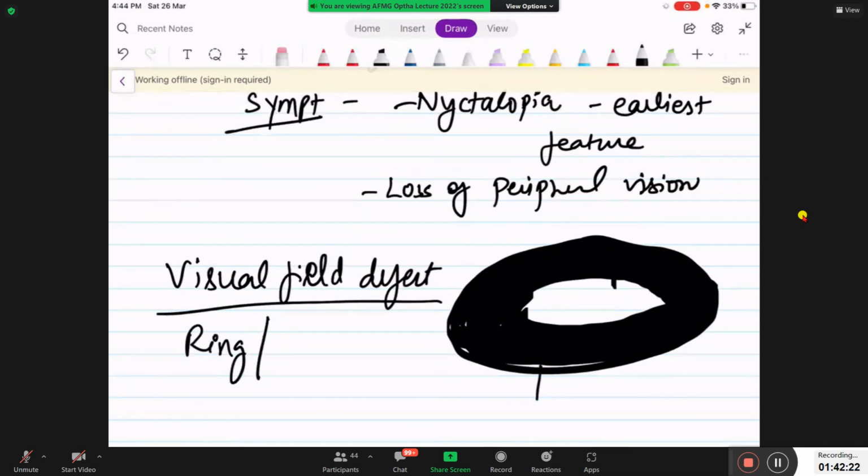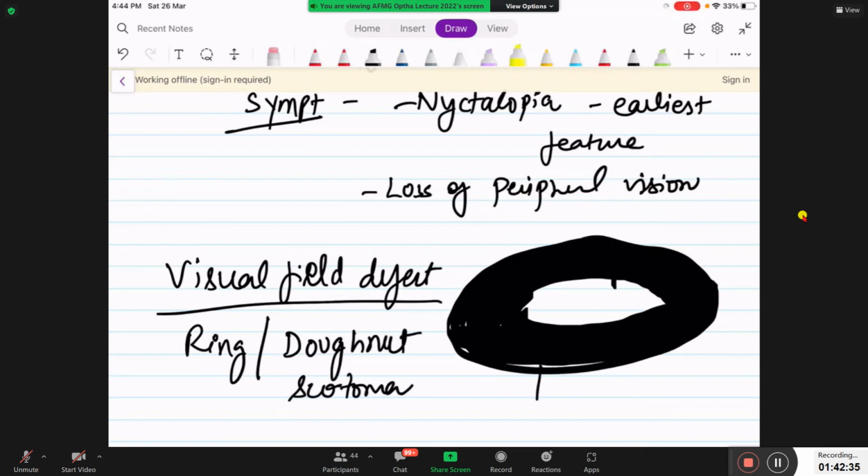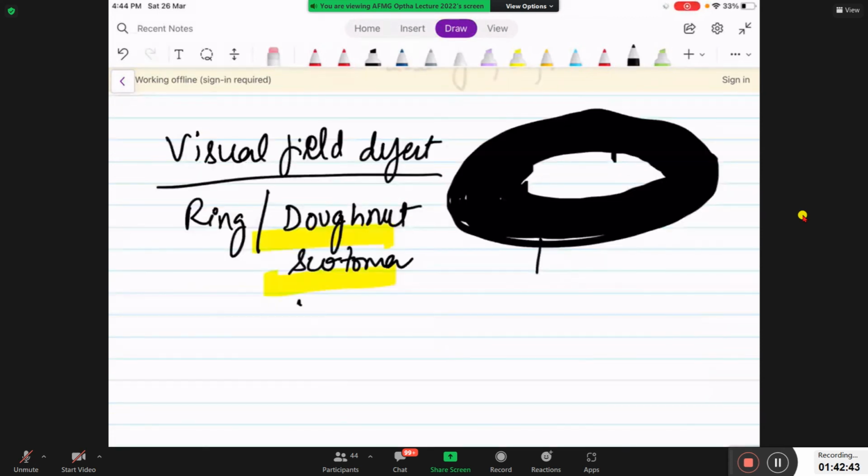Ring scotoma, also called donut scotoma, because it resembles the shape of a donut. That is why it is also called donut scotoma. Important question. Donut scotoma is seen in retinitis pigmentosa. And in this donut scotoma, only central vision remains.